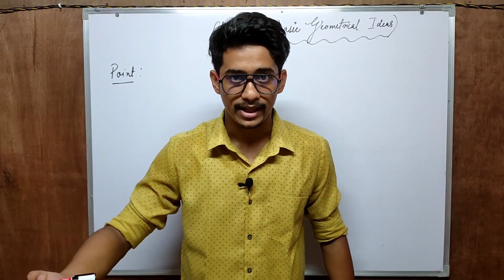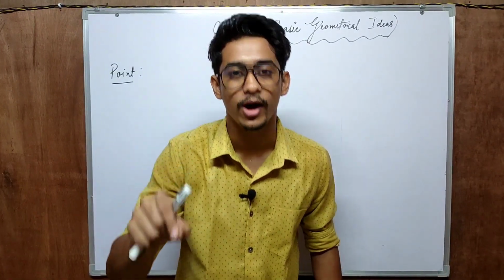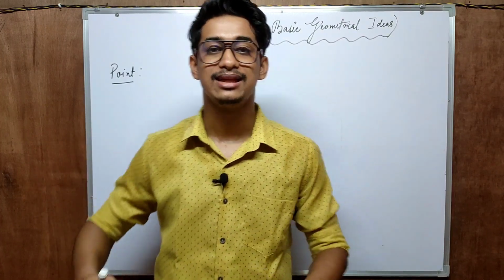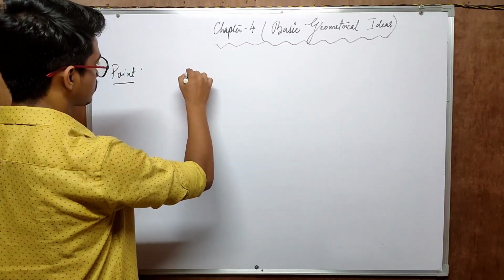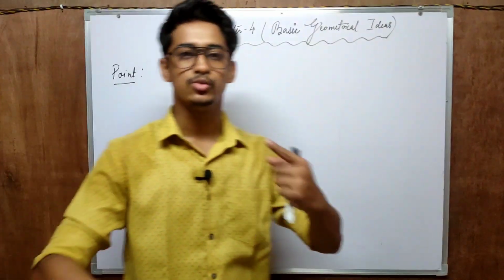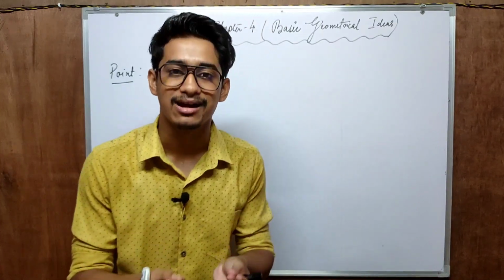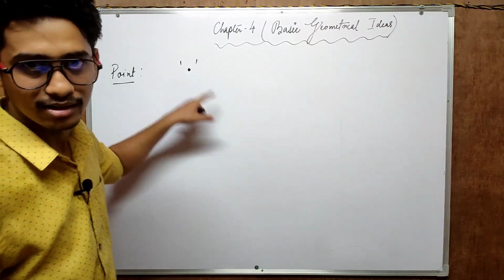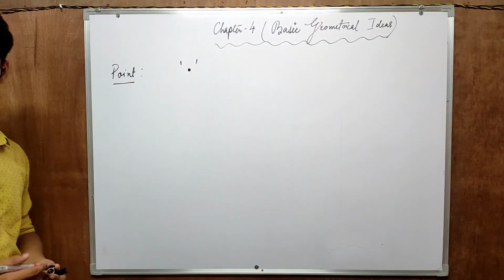Mummy or papa, you can pick me up from Don Bosco point, or you can say Don Bosco gate. That marking is nothing but a point, which is denoted by this particular mark. This is called a point, right? It is where things start, where the different types of figures start, as an initial point. This is the initial mark which is called a point. I hope this concept is clear to you.